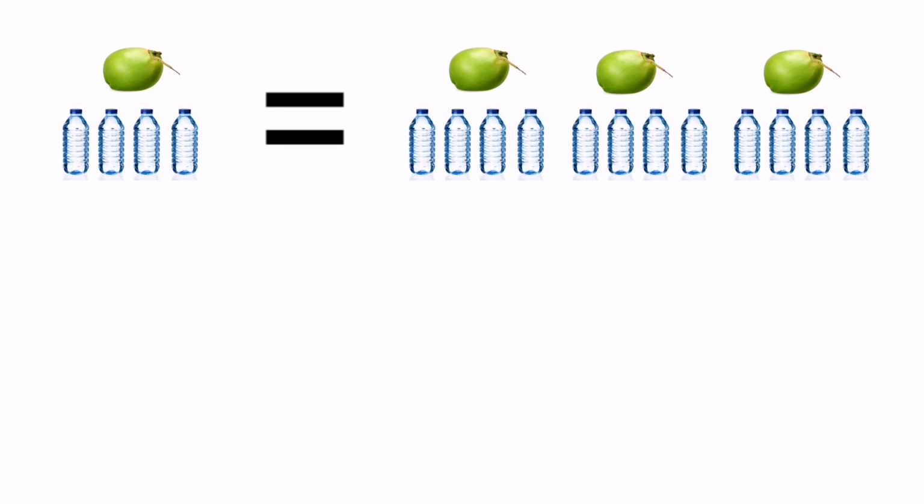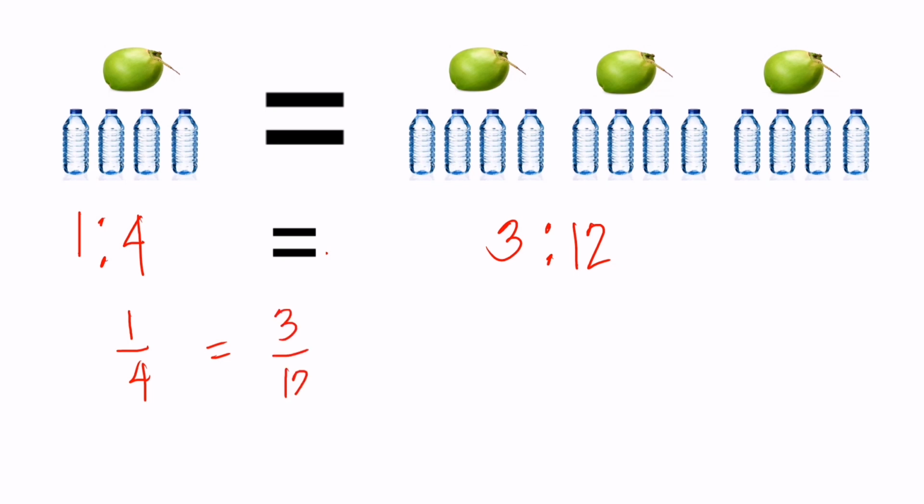So, mag-form tayo ng ratio which is 1 buko is to 4 liters of water equals 3 bukos is to 12 liters of water. So, pwede rin nating isulat as 1/4 is equal to 3/12.